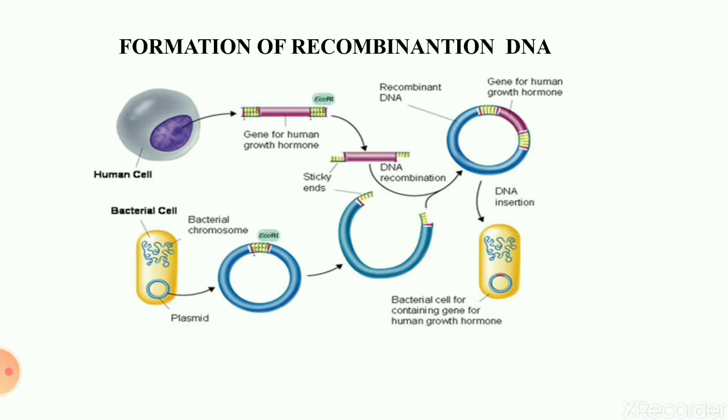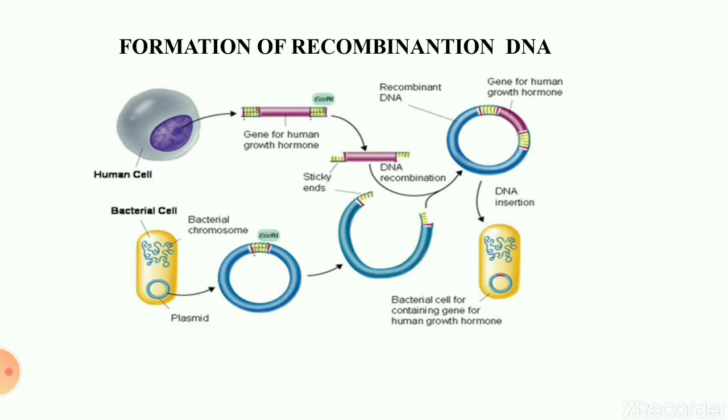The desired gene for human growth hormone is isolated. Meanwhile, the plasmid is also isolated from the bacterial cells. Both the DNAs are cleaved by restriction endonuclease EcoR1, then the desired DNA is joined into the plasmid vector.